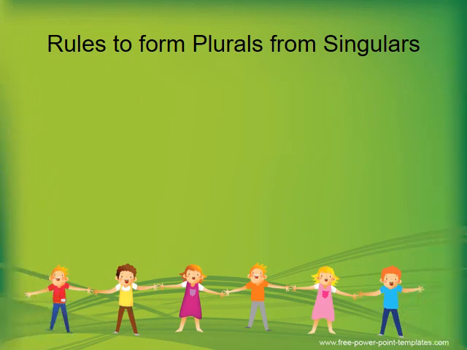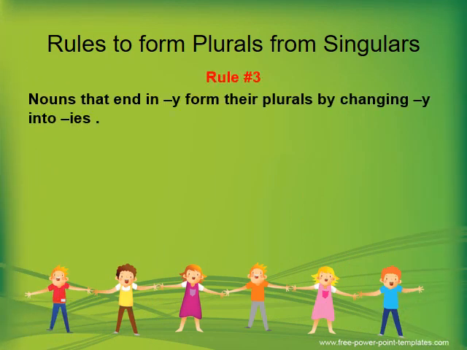Now children, let's see rule number 3. Rule number 3 says nouns that end in y form their plurals by changing y into ies. Let us understand this rule with the help of examples.